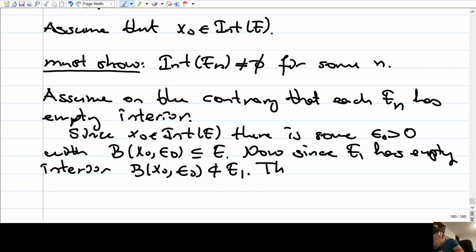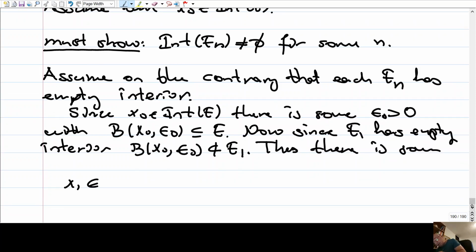Hence, thus, there is some X1 which lies in this ball but not in E1. So it lies in this set.